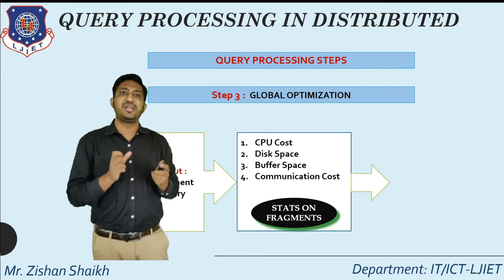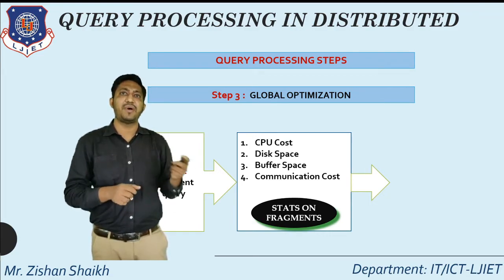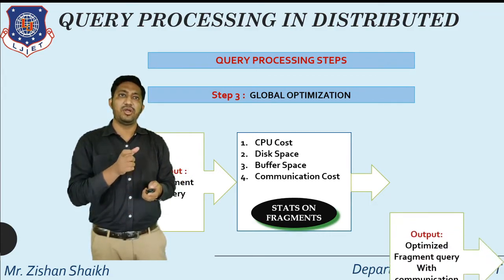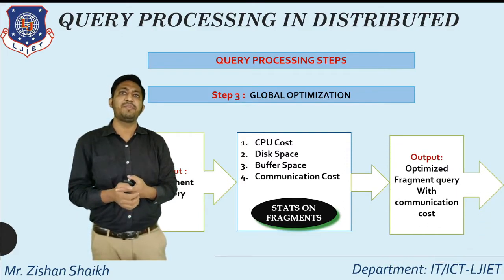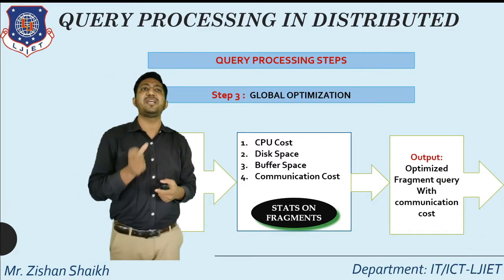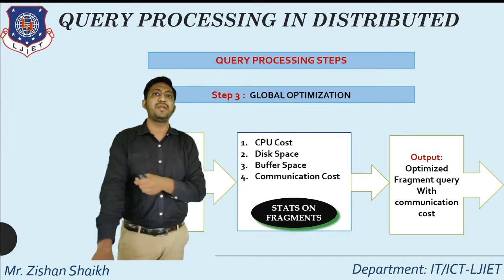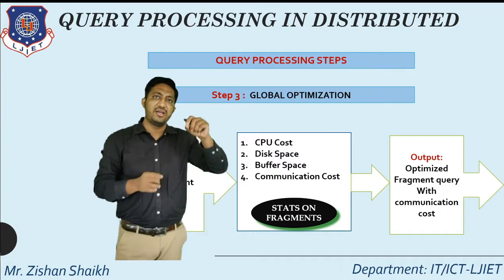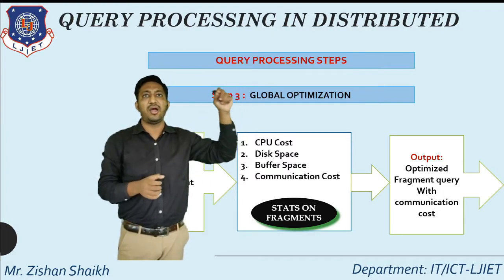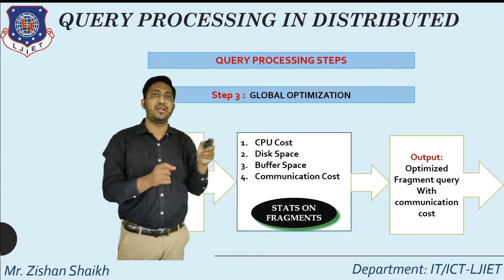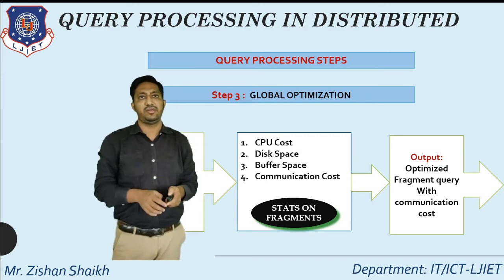From the statistics of this fragment in the past, we are getting this particular cost. So in step number 3, we are getting the optimized fragment query with the communication cost. Optimized fragment query means we are getting how exactly that query will be executed and how the cost will be affected for executing this query.